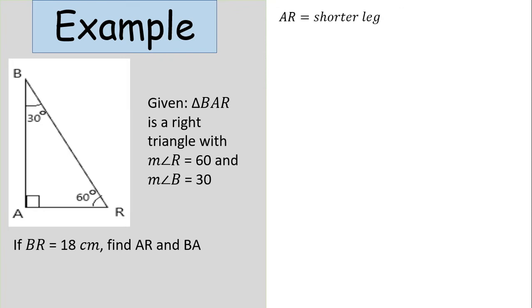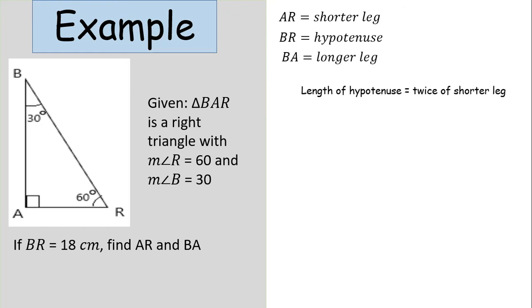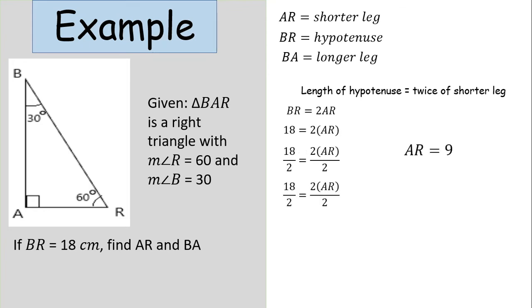AR natin is the shorter leg, BR is the hypotenuse, and BA is the longer leg. Yung length ng hypotenuse natin is equal sa twice ng shorter leg. So, BR is equal to 2 times AR. 18 is equal to 2 times AR. Substitute lang natin si 18 kay BR kasi siya hypotenuse. So, AR is equal to 9.